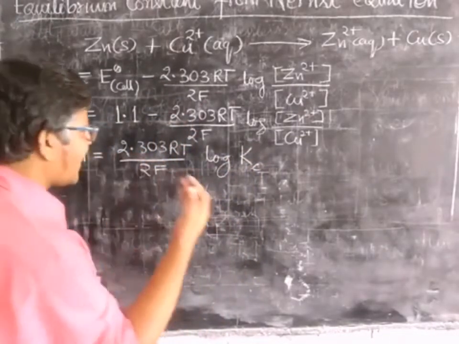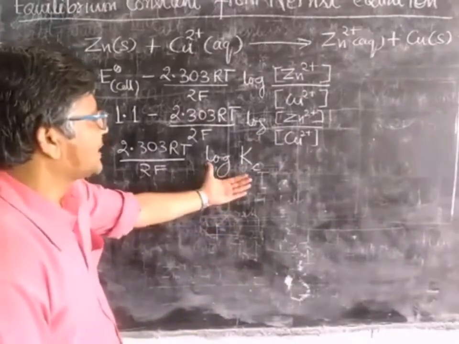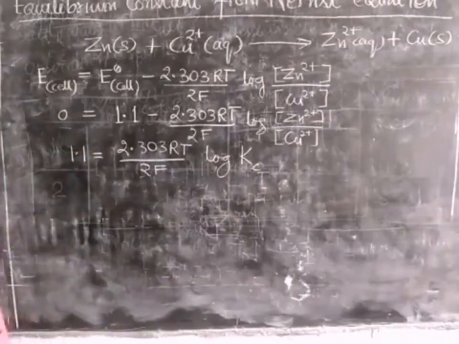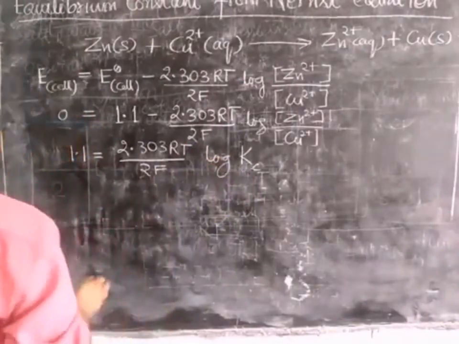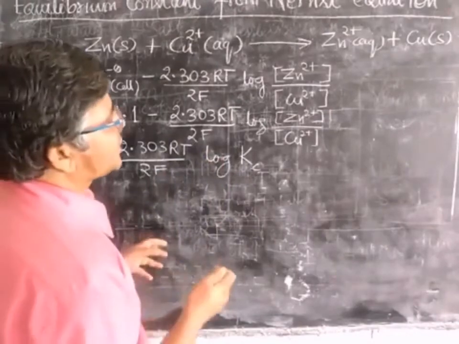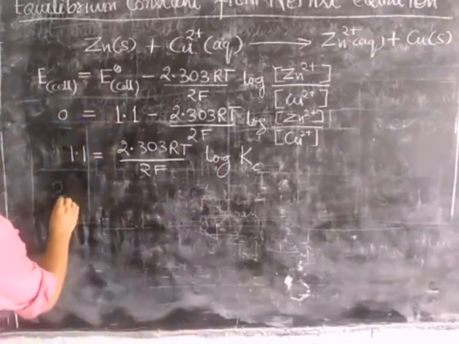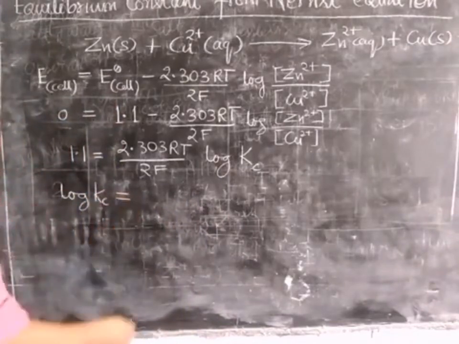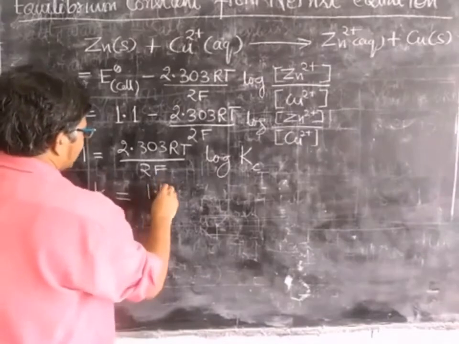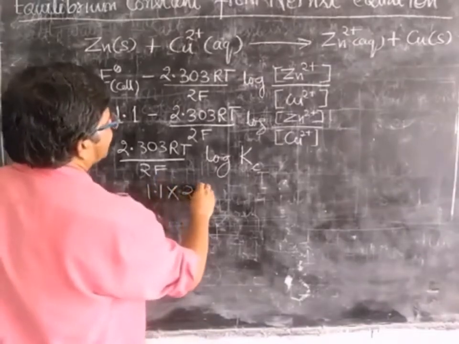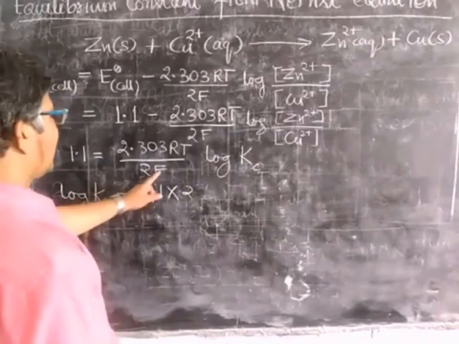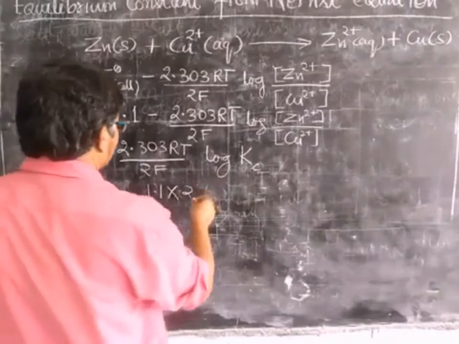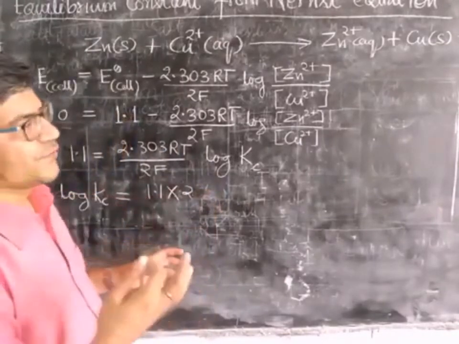Now we will find the value of log Kc, and now let's just move these values so that we have log Kc at one side of the equation. So this is going to become log Kc is equal to 1.1 into 2 divided by the whole constant, which turns out to be 0.059.